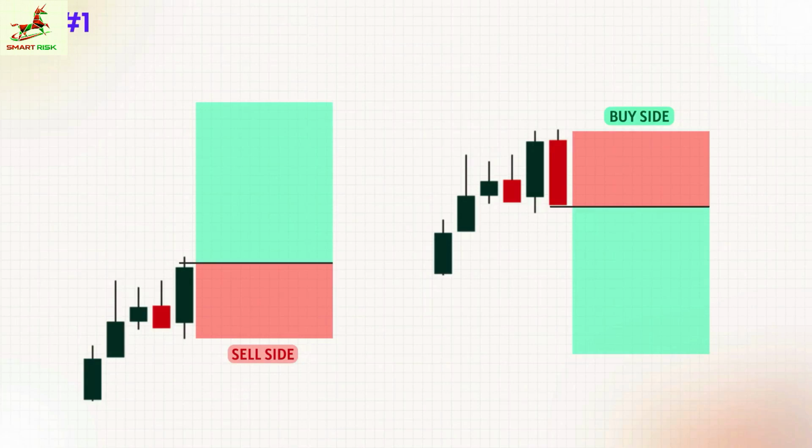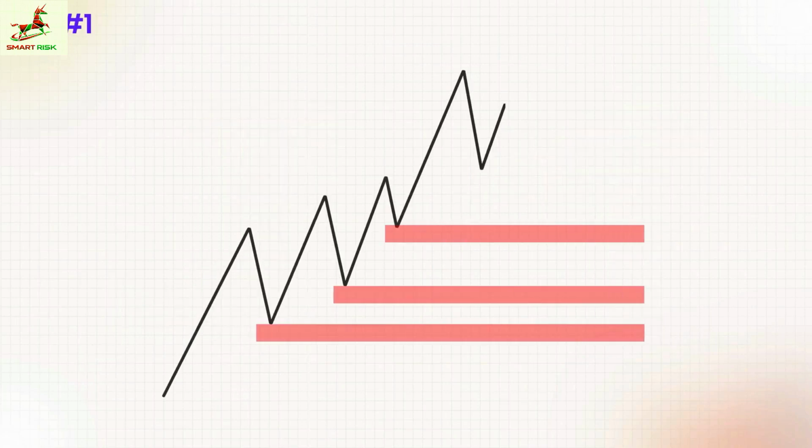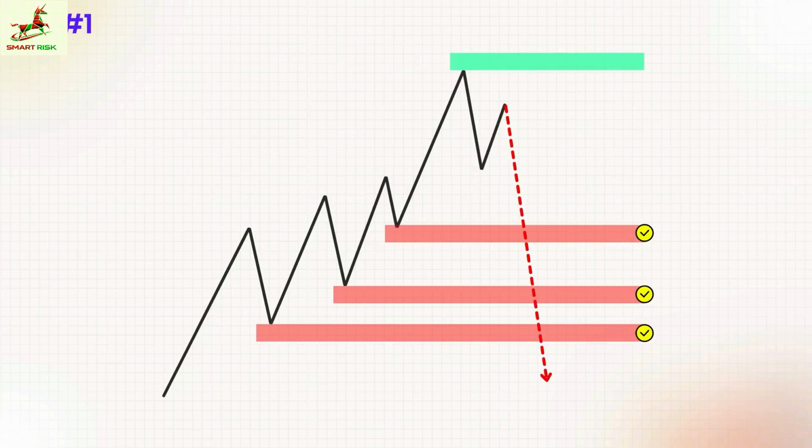For example, if there are 3 or 4 swing lows below on the chart but only one swing high above, then the sell side has a bigger liquidity pool. This means the market could make a big move to the downside. Whichever side has the bigger liquidity pool, the market most often makes a big move in that direction. So always try to trade in the direction of the liquidity pool.